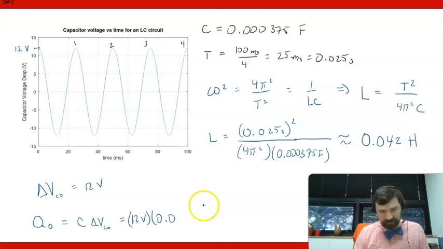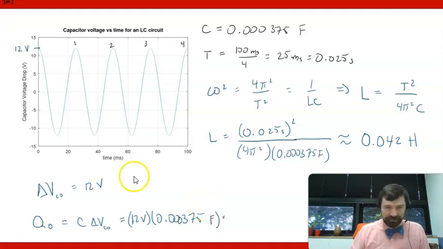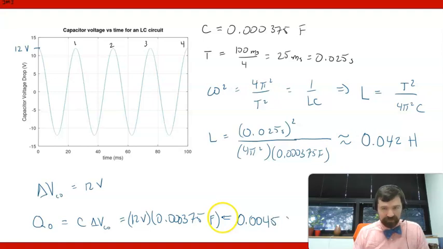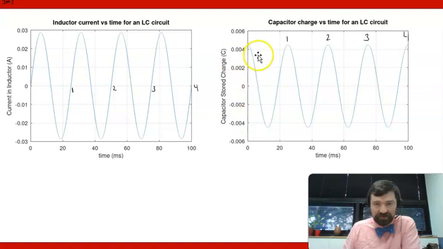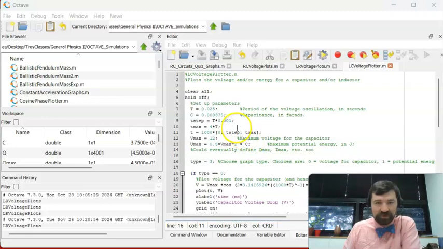times 0.00375 farads. So multiply those two things together and you get the initial charge, which was 0.0045 coulombs. So if we go back and look at our charge versus time graph, for example right here, we can see that 0.0045 is a reasonable estimate for what that graph is suggesting.